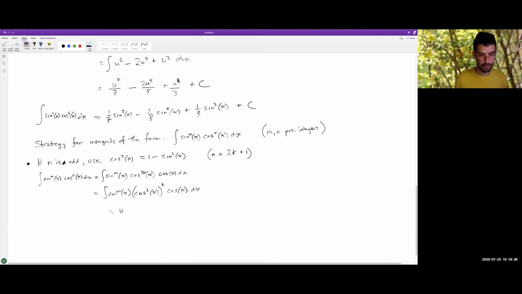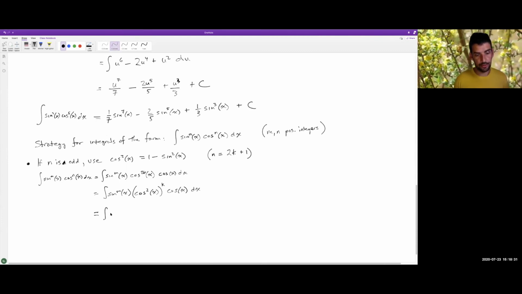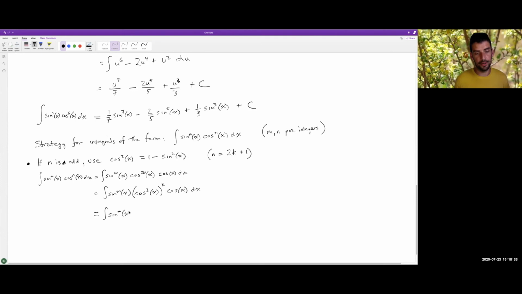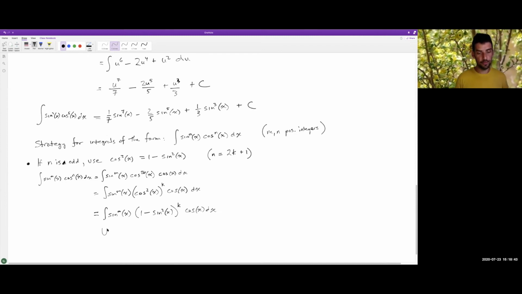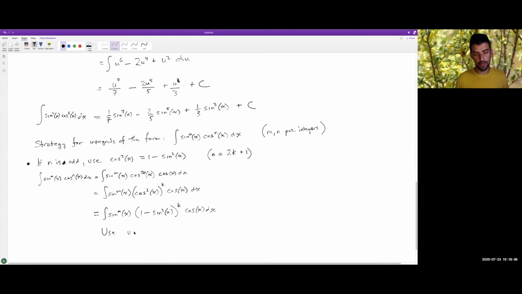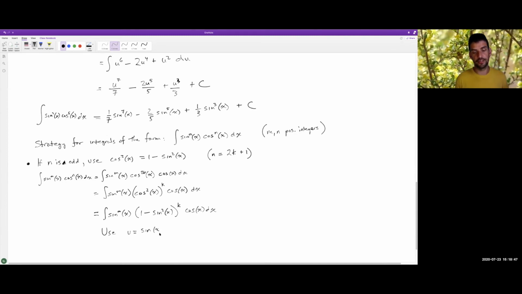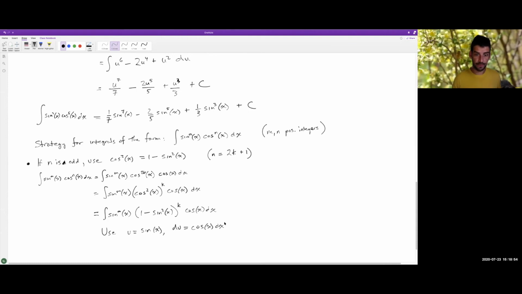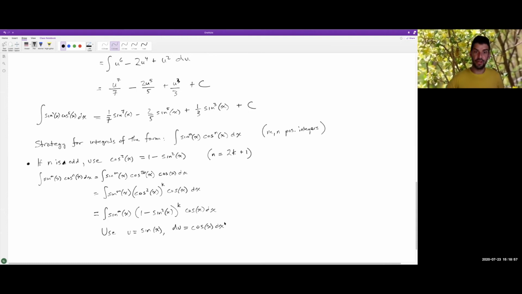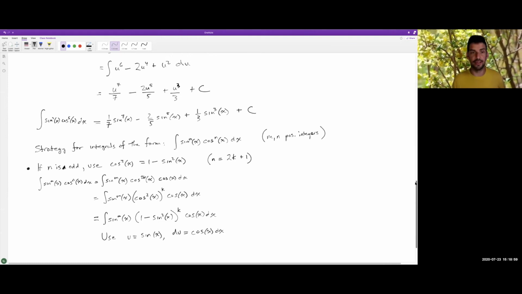We'll rewrite one more thing. We can now write this as sine to the mth power, 1 minus sine squared x to the k power, cosine of x dx. And then we'll use u equals sine of x, which means du equals cosine of x dx.